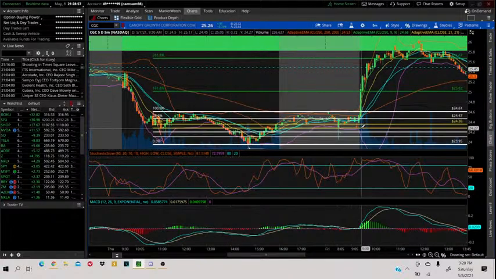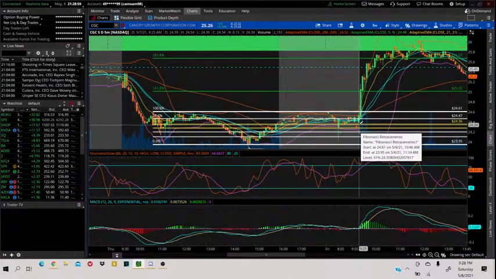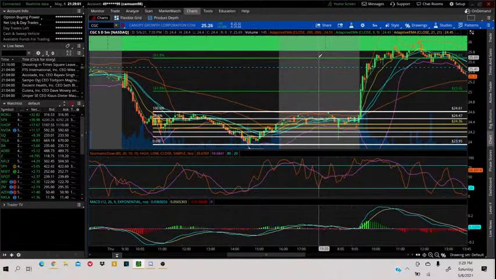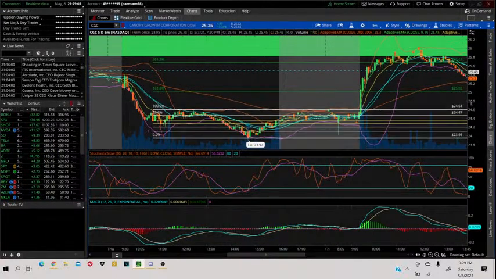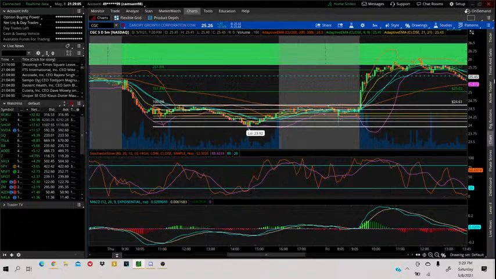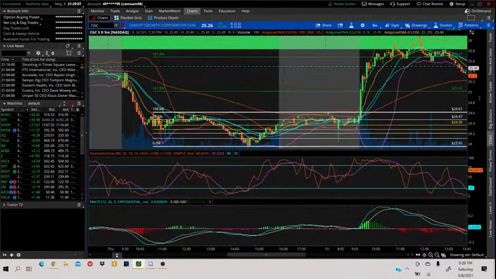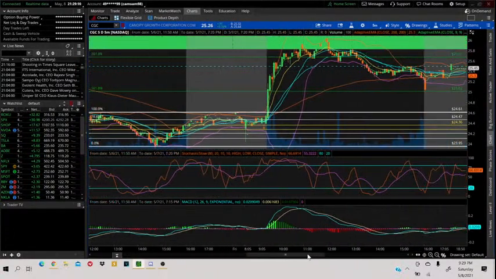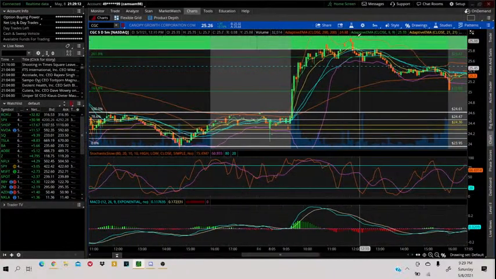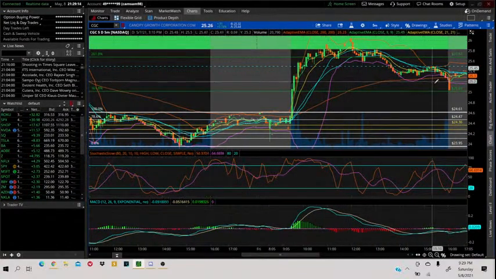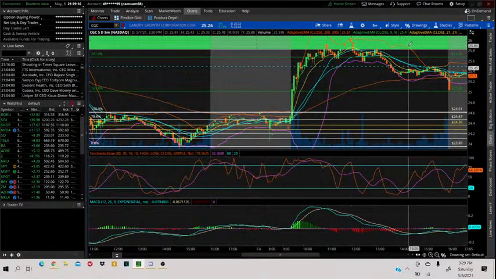As you can see, it was above the golden pocket right there. Then these areas are my profit target area. This green area used to be old demand, which then became supply, as you can see, and rejected supply, and then it came back down. So it's still a strong supply area now.